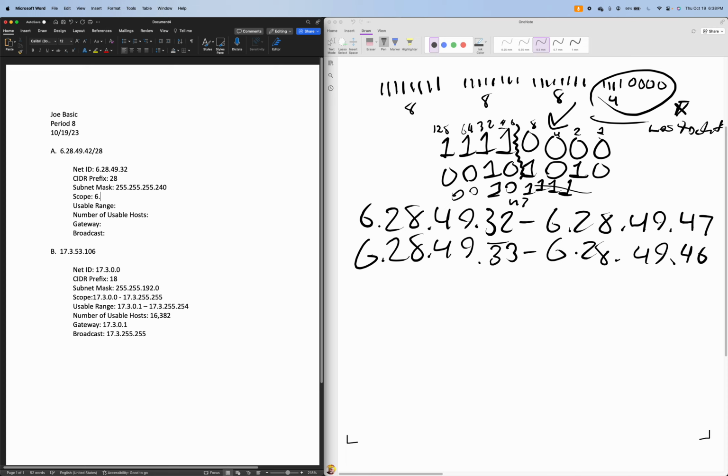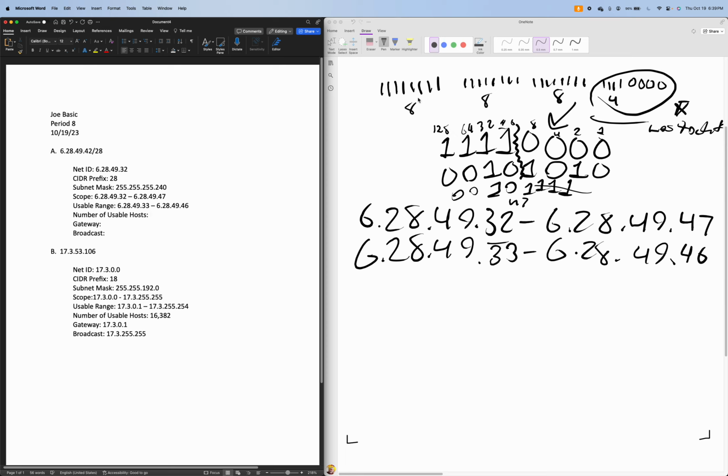So we have 6.28.49.32, and the next one is 6.28.49.47, and the usable range is 6.28.49.33 to 6.28.49.46.